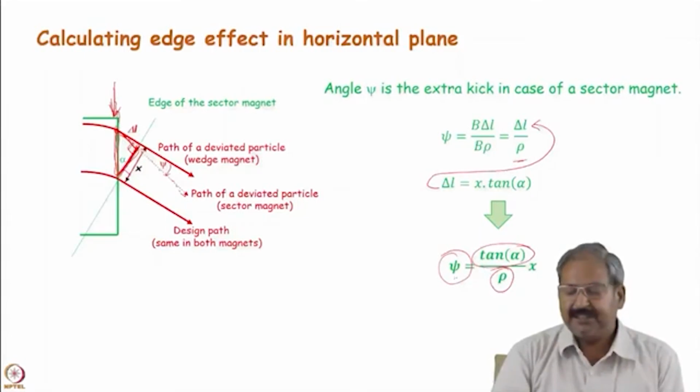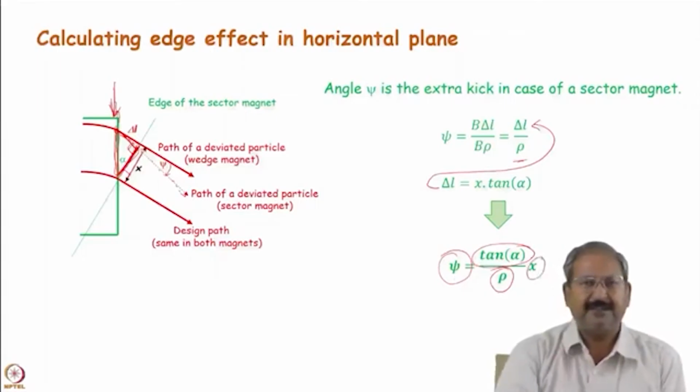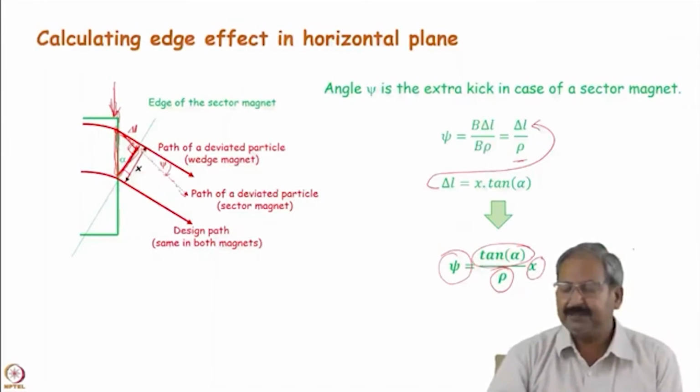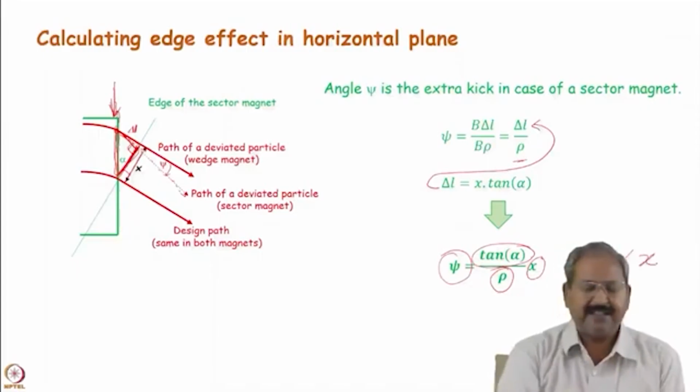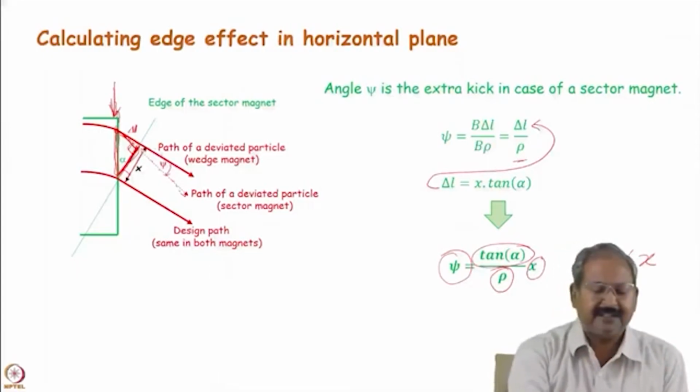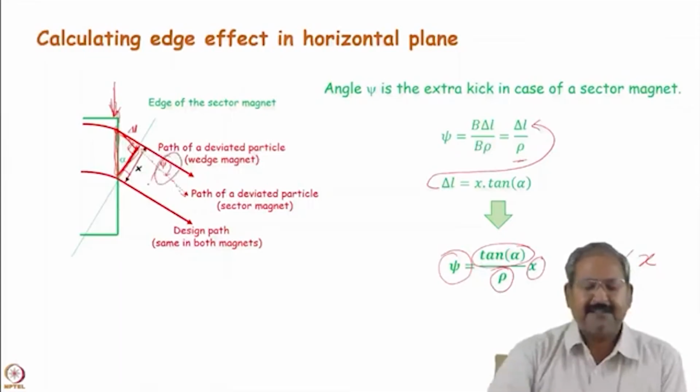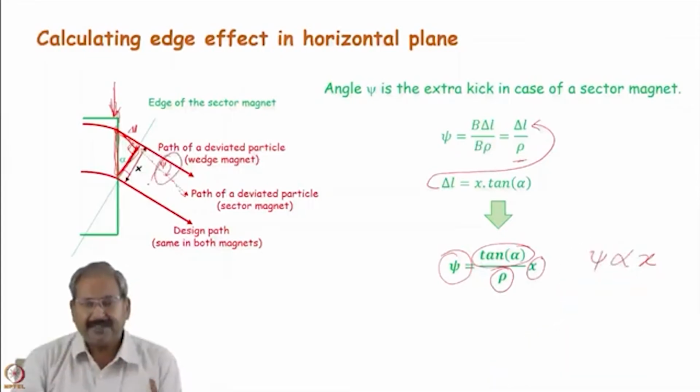So psi is proportional to x for a given magnet in this orientation. Means this extra kick is proportional to x.